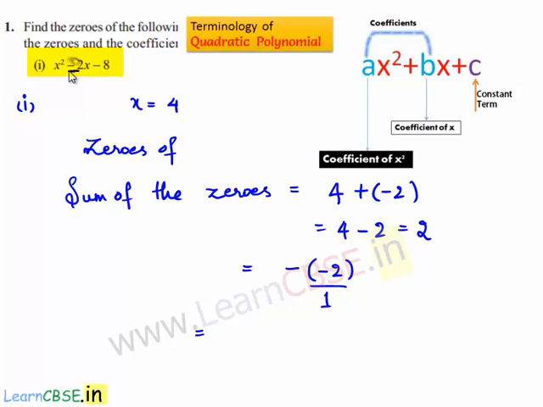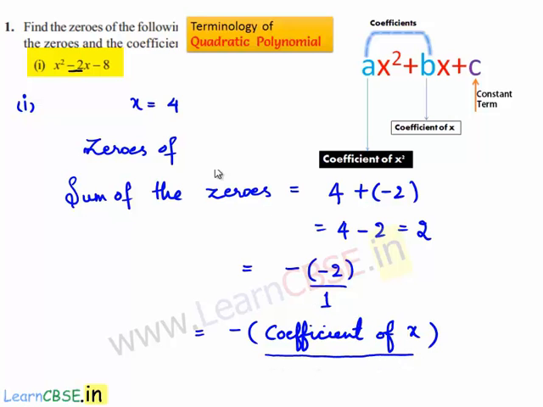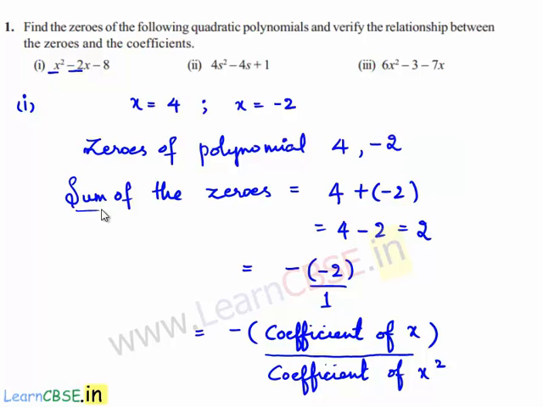If we observe, -2 is nothing but the coefficient of x, and in the denominator, in place of 1, we can write the coefficient of x². We can say that the sum of the zeros is equal to negative of coefficient of x divided by coefficient of x².